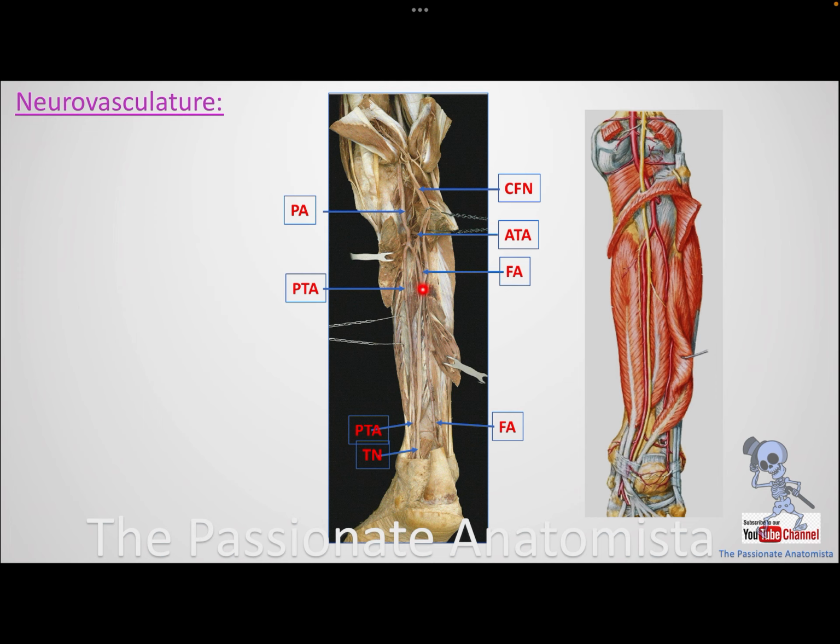Now, what about this one appearing here? This is the fibular artery, okay? The fibular artery, which is a branch of the posterior tibial artery. This is the one that comes from the posterior tibial artery, and this is the common trunk, basically. So the popliteal artery is going to give you a common trunk. Sometimes they call it the tibiofibular trunk.